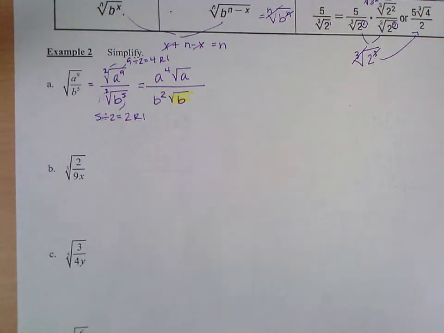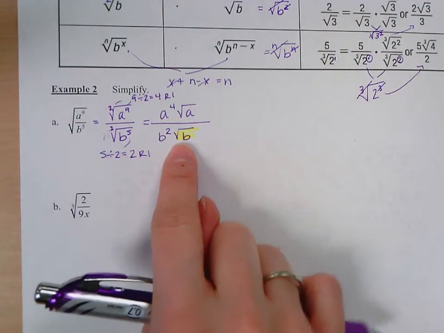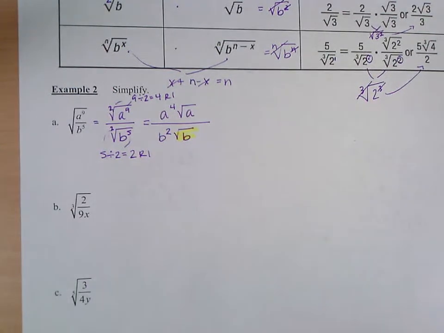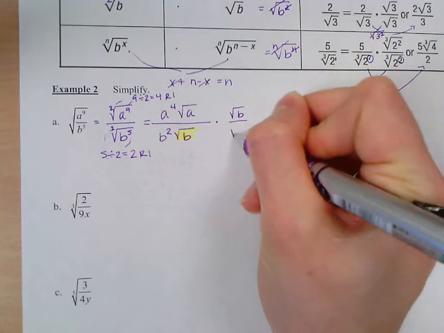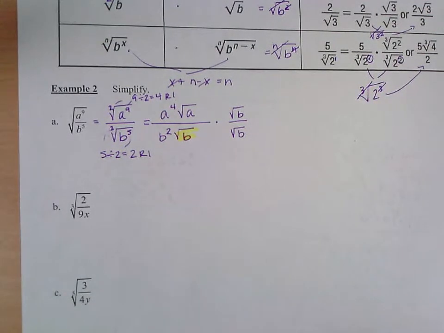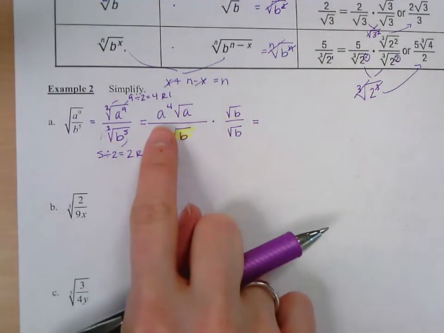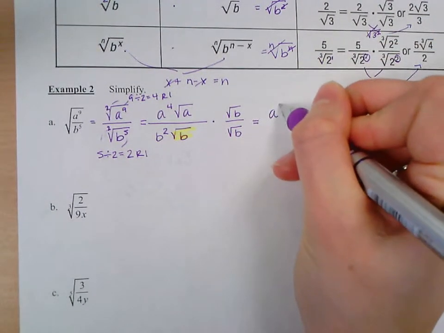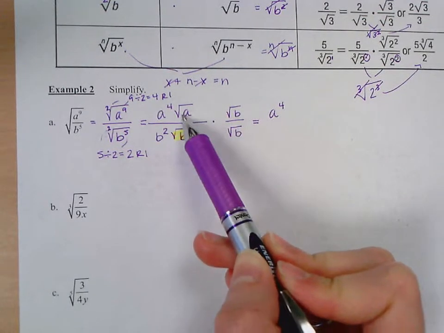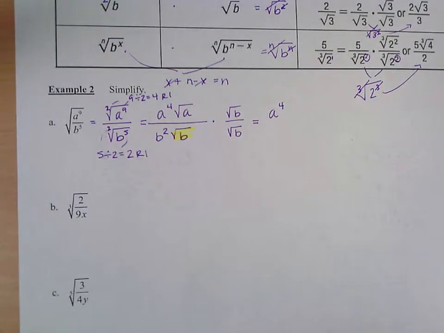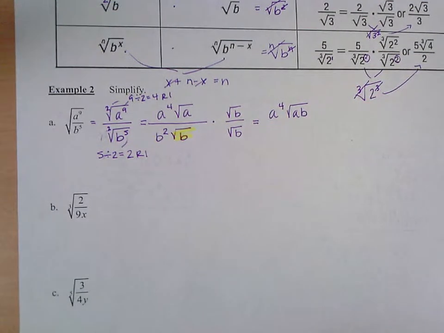So what I have to do, again, if you look at the top, when you have a square root, all I have to do is multiply this fraction by that square root, top and bottom. So I'm going to multiply by the square root of b over the square root of b. So on top, I still have a to the 4th. And then the a and the b that are both in square roots, I can write as one square root and multiply those together. So that would be the square root of a times b.